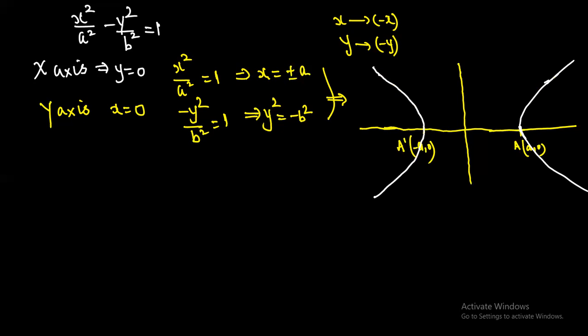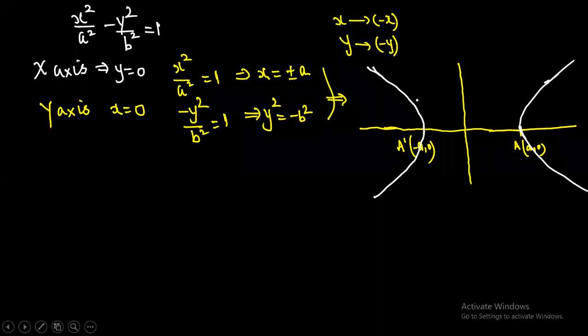The graph portions look like this. Now the terminology we will define. Some of the terminology which we have studied in the ellipse, major axis, minor axis, focus, everything we will talk about here and discuss about axis, what we can say the axis.